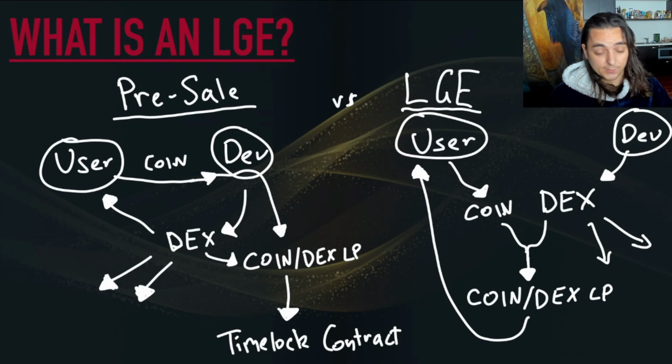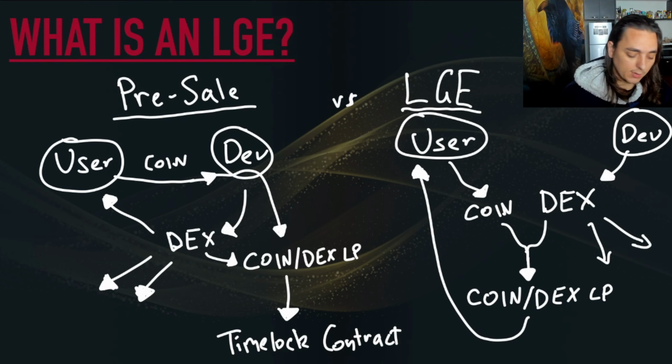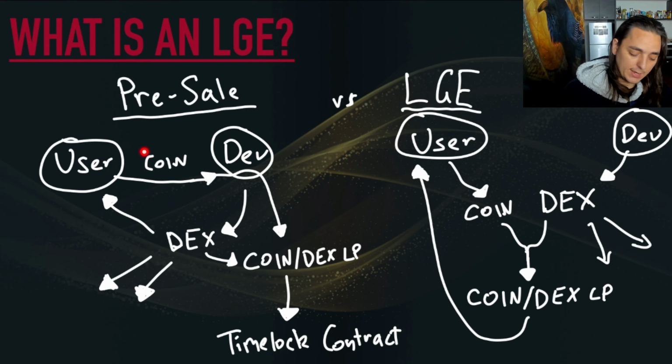So what is an LGE? Well, we have here a comparison with the pre-sale versus the LGE. So in a pre-sale, this is you, the user. You give the developers your coin, for example BNB, Fantom, AVAX, whatever. You give them the native coin for whatever blockchain you're on. The developers use that to make liquidity.